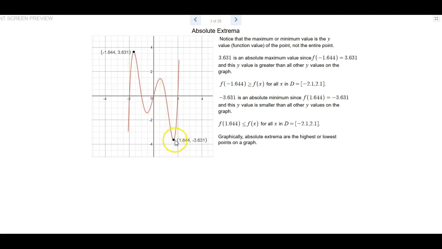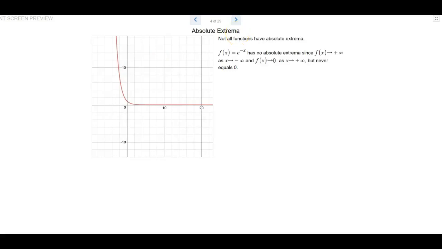The function minimum is minus 3.631, and that occurs at the x value 1.644. So that's a terminology point. When you're asked for the absolute or local max or min, that's asking for a y value, not the whole entire point.